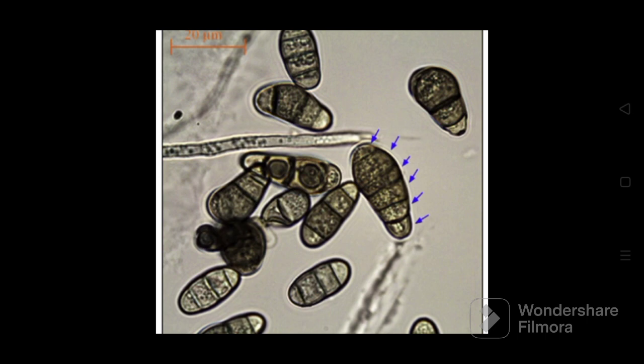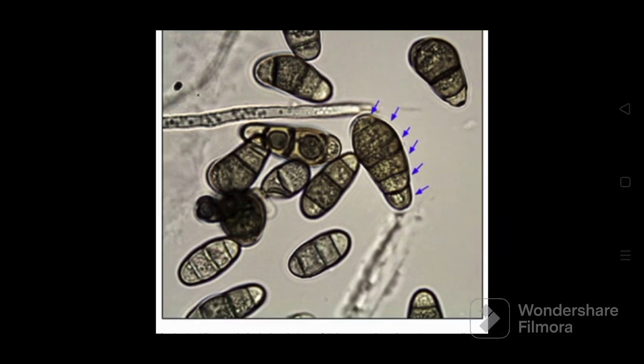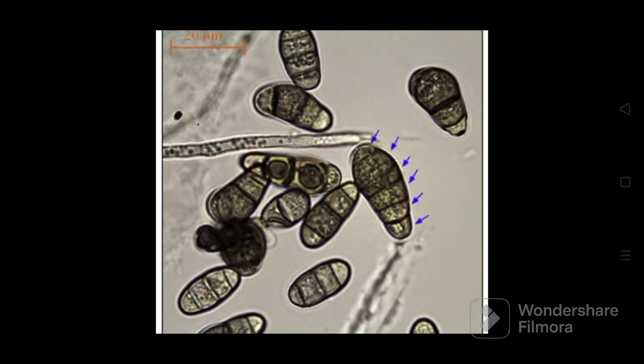Not every conidium has tapering ends, but a common characteristic is that they have tapering ends on both sides, and these two apical regions are the regions from which they germinate and grow into a new fruit body.